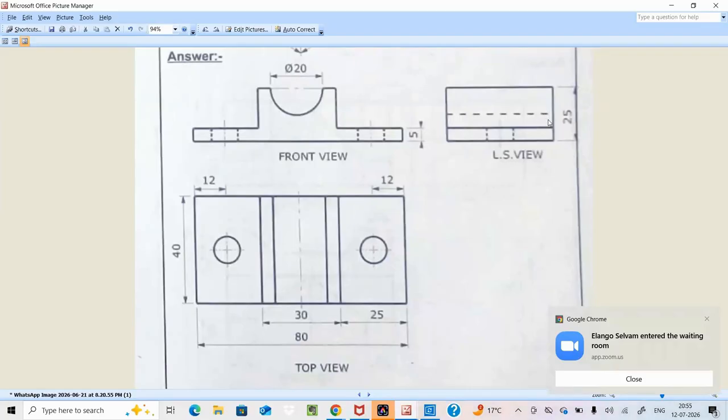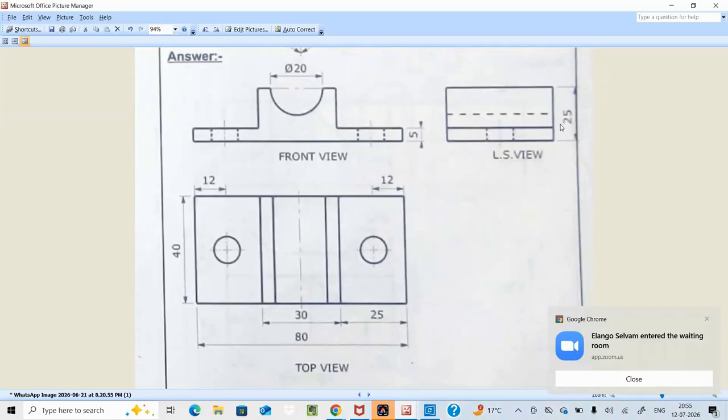If you are able to see, it is not touching this particular line, it is just joining here. So for that reason, we have just taken this particular height as 20. It is just pure assumption, because we have no guarantee of how much it will be exactly. Few things will not be given directly, so we need to assume and draw, because the direct dimension given is that this diameter is 20 and this height is 5.